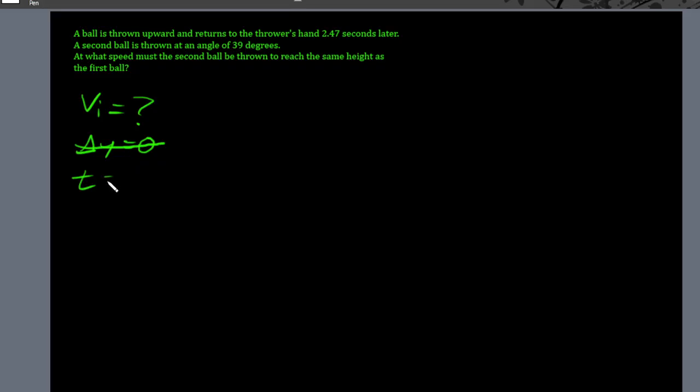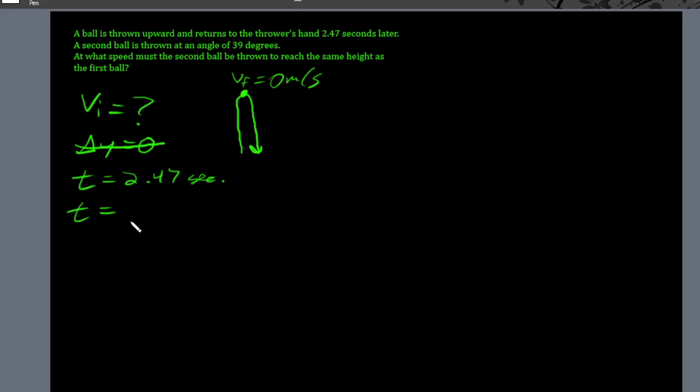So the time, which is 2.47 seconds, I'm going to split in half because I'm going to solve this at the top of its flight. If we look at it as going up and coming back, I'm going to solve it at this point right here at the peak of its flight, where V is 0 meters per second.